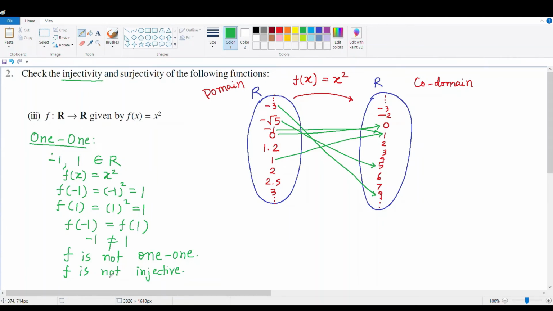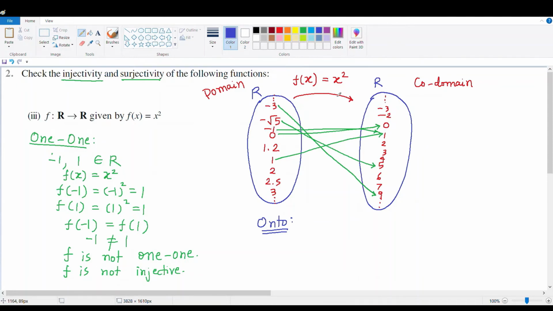Okay, so that one is done. Now we need to check for surjectivity, that means onto function. So now we are going to talk about onto. Onto means a function is going to be onto when every member of this codomain is occupied with some pre-image in this domain. So look at this -2. -2 is the square of what number?